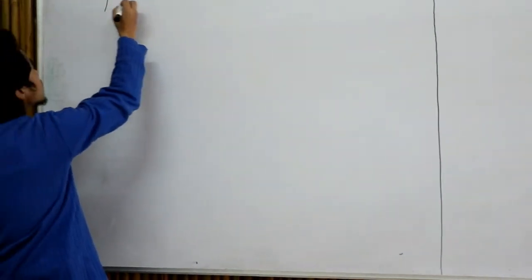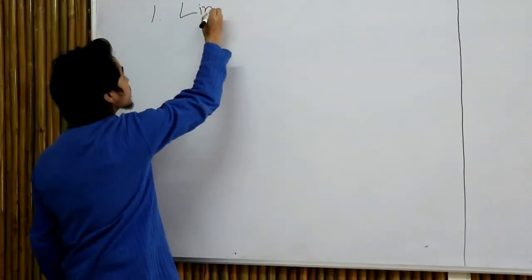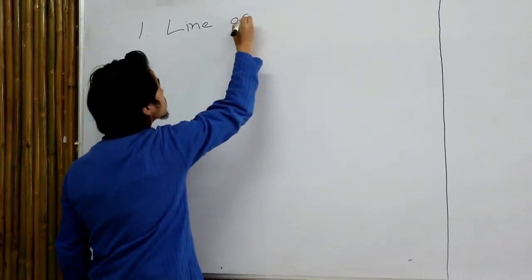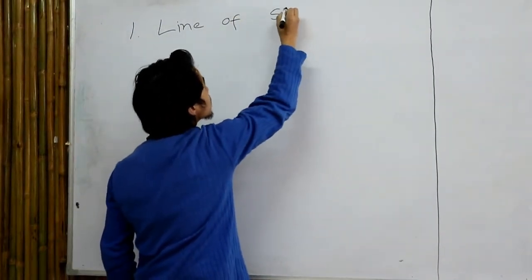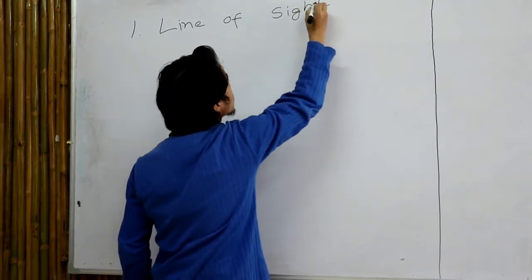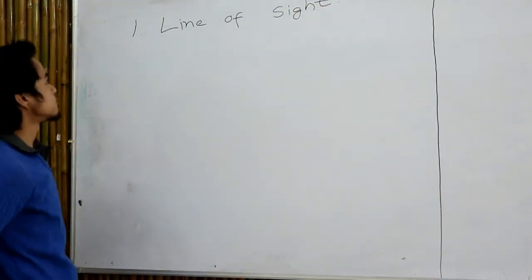Number one, line of sight. First, let me write down the definition of this term.